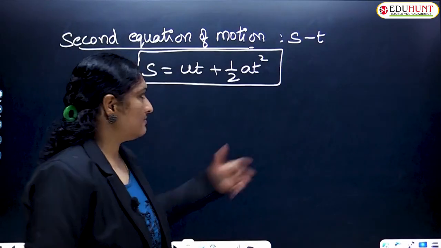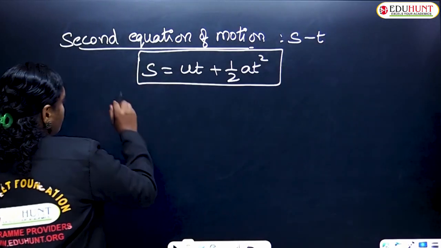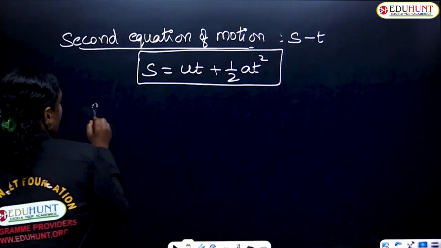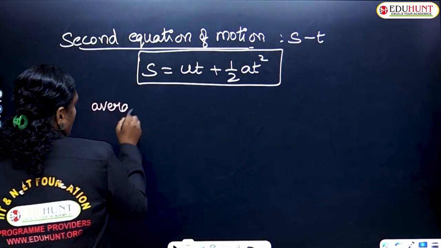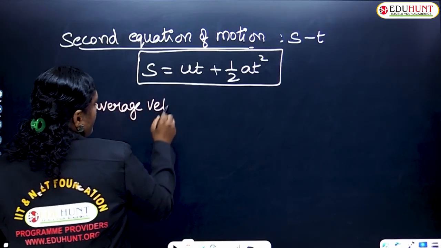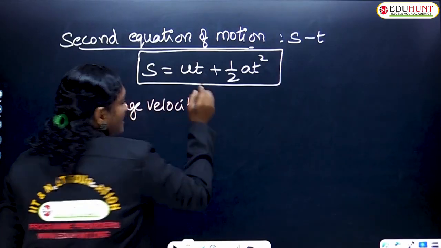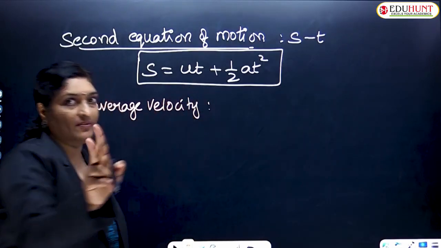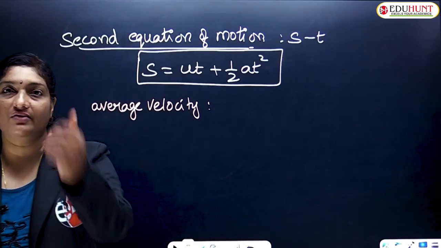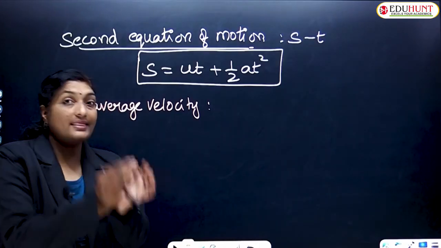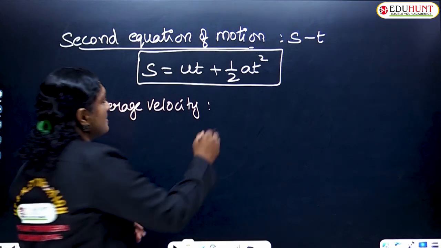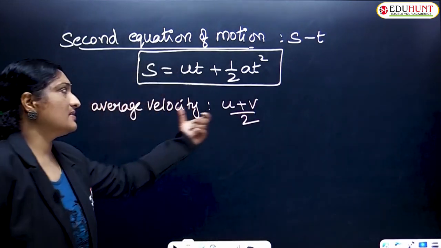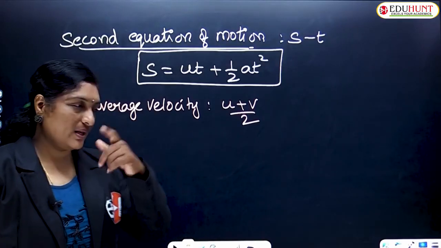Let us try to derive the same. Children, we know that average velocity, if u is the initial velocity and v is the final velocity, is the average of u and v, given by u plus v by 2.